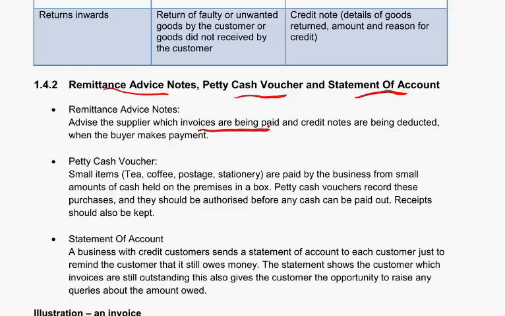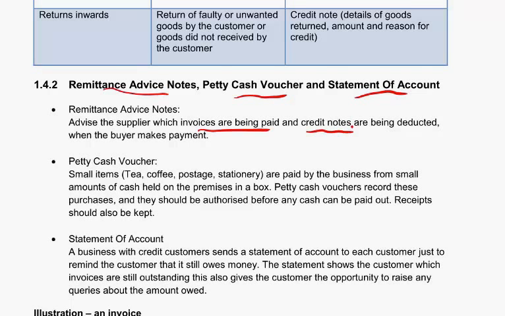It's a notice of payment, and it helps to reconcile it, particularly if they're also deducting credit notes. So it helps to reconcile the cash or cheque received with the invoices that are being paid. Petty cash vouchers, well, many people will have come across these.